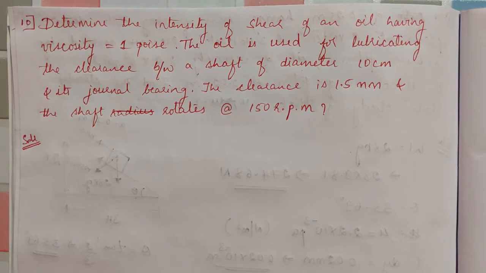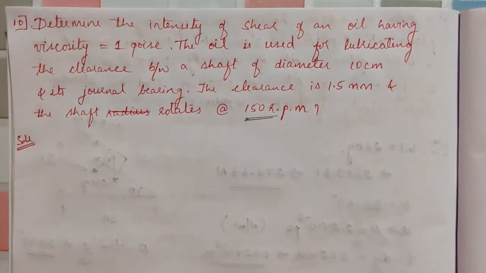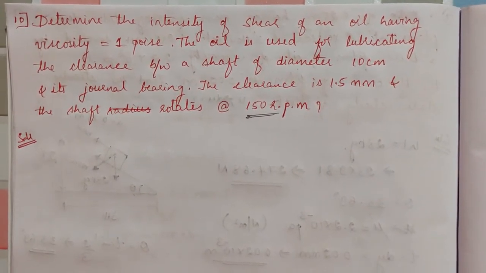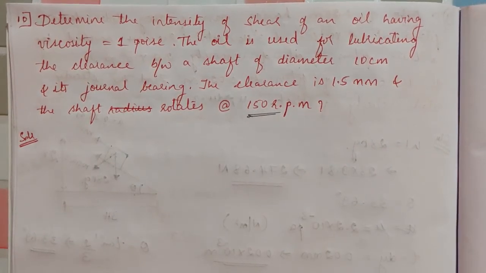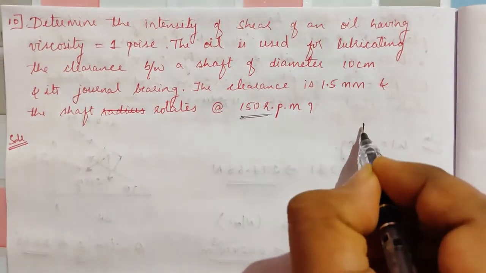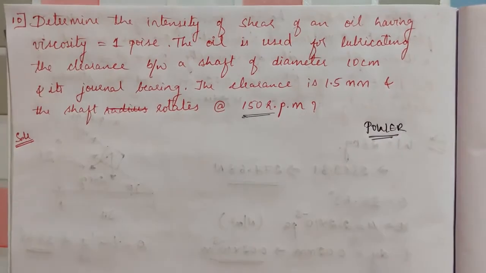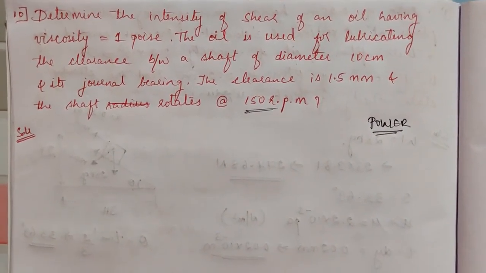The clearance is 1.5 mm and the shaft rotates at 150 rpm. Whenever they give terms like 150 rpm, we should remember the formula of power. When we deal with the concept of power, we will get some formulas. I'll let you know while doing the problem.